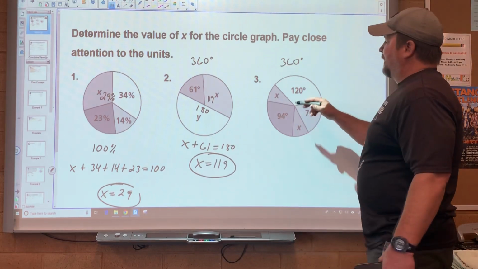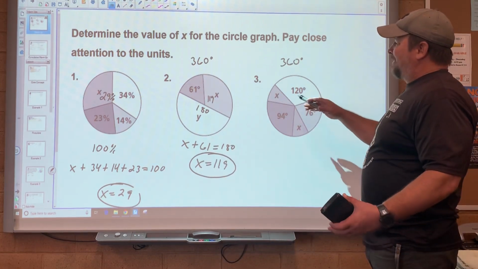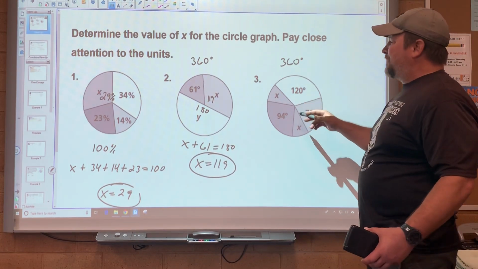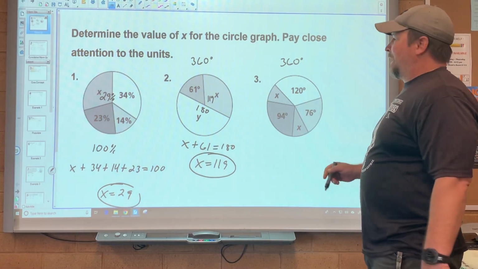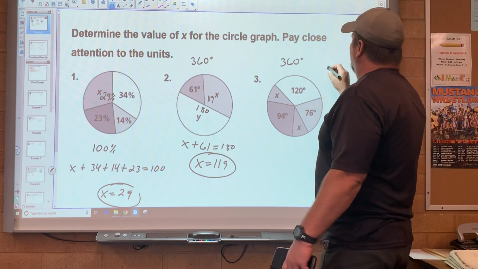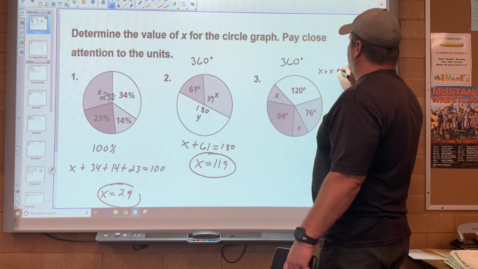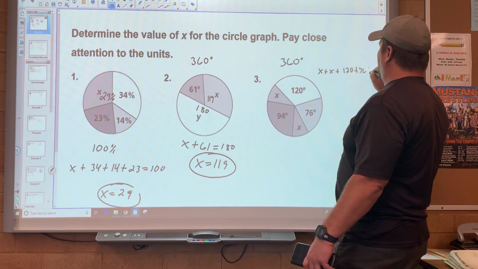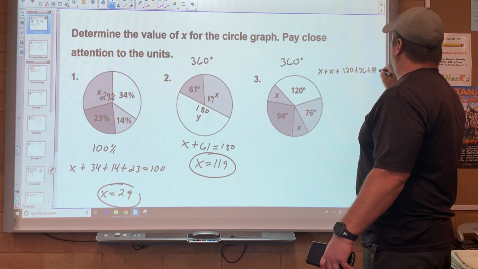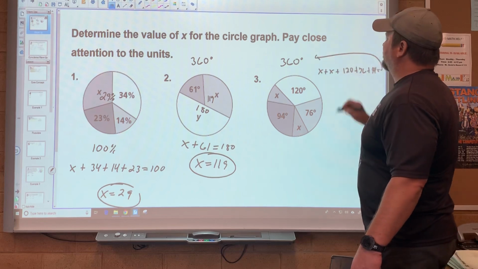So let's watch this one. Sometimes kids get confused because they see two values the same. If they're both the same, then there's two of them. So let's set up this one: x plus x plus 120 plus 76 plus 94 equals 360.